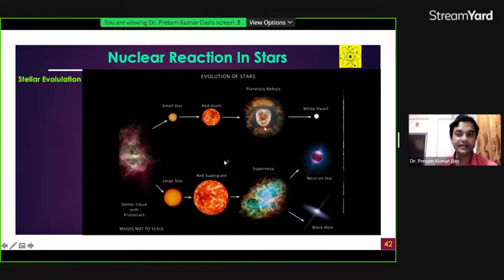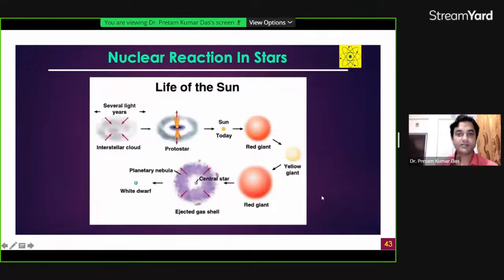When they end their life, they could go through a planetary nebula or supernova, and at the end they could become a white dwarf, brown dwarf, neutron star, or black hole. After the supernova explosion, they can form another star or other things.